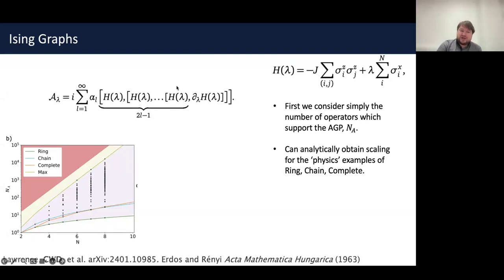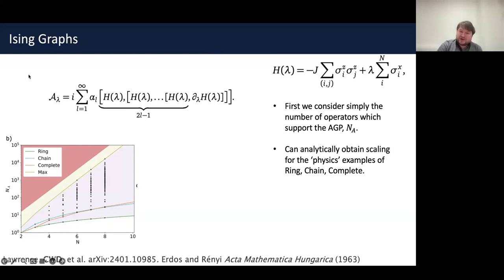And this commutator relation further restricts how many operators I could potentially have a non-zero alpha on, because they have to appear in this commutation relation. So our first consideration was, how does that scale? How does the number of operators which could potentially support the adiabatic gauge potential scale?